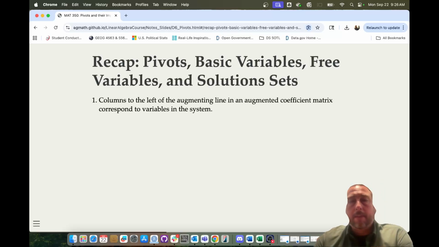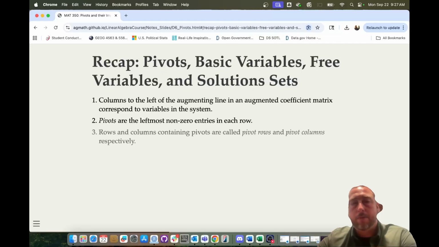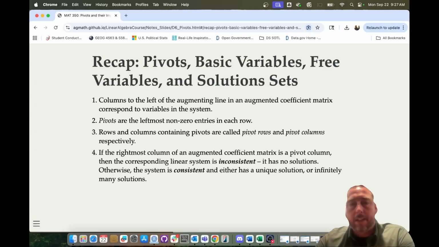All right. Okay, so to recap what we've done here, the columns to the left of the augmenting line in an augmented coefficient matrix correspond to variables in the system. The pivots are the leftmost non-zero entries in each row. And rows and columns containing pivots are called pivot rows and pivot columns, respectively. If the rightmost column of an augmented coefficient matrix is a pivot column, then the corresponding linear system is inconsistent.